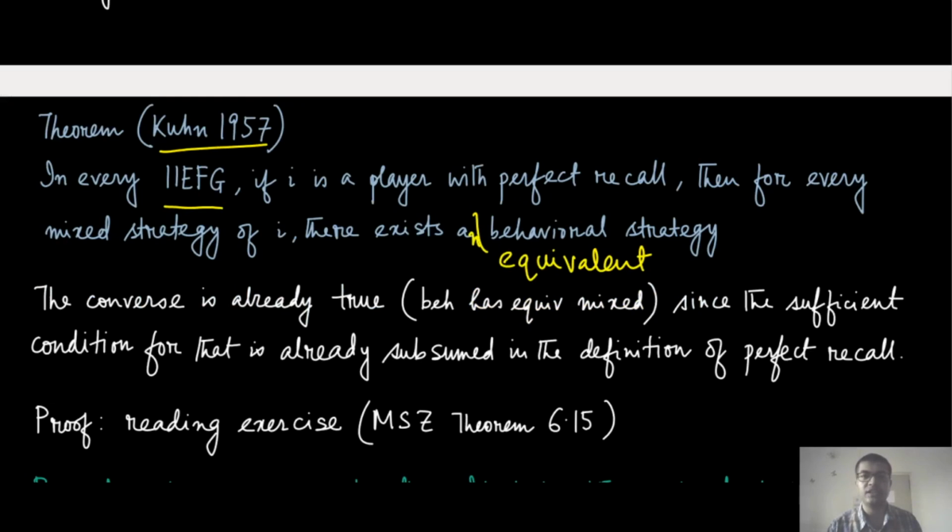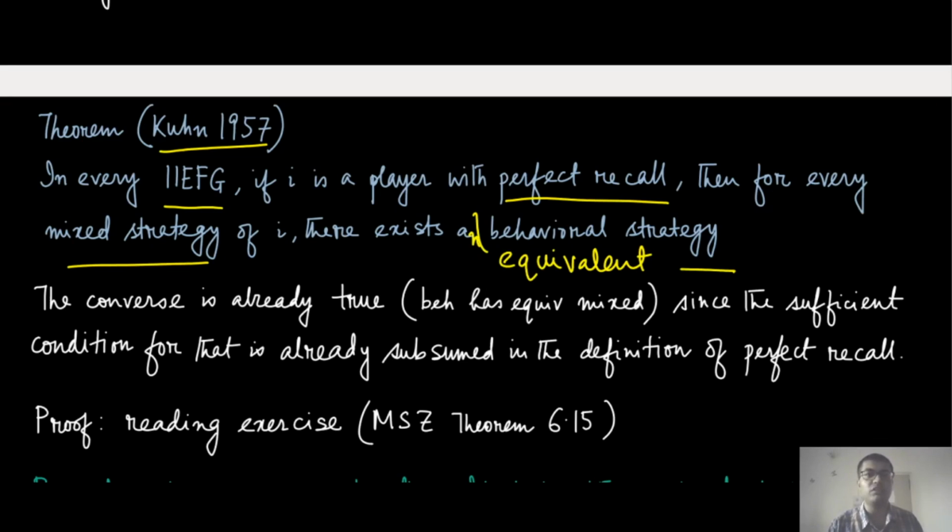That is, with perfect recall, you already subsume the condition that you needed for a behavioral strategy to have an equivalent mixed strategy representation. That was the previous theorem in the last module. Then with perfect recall, you can have an equivalence between these two. Whether you call it a behavioral strategy or a mixed strategy does not matter. With perfect recall, all these things are equivalent, right?